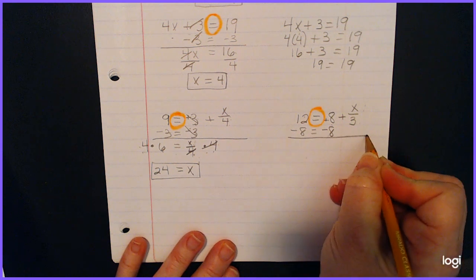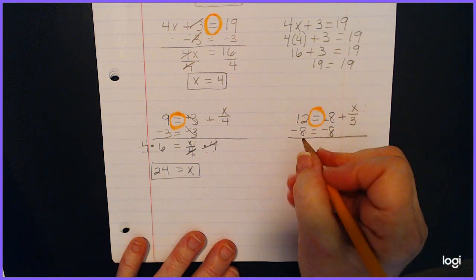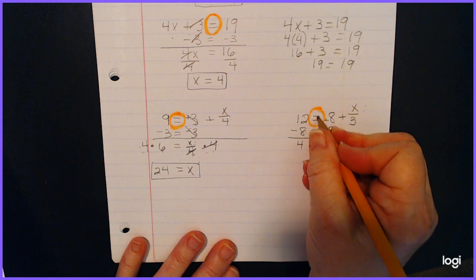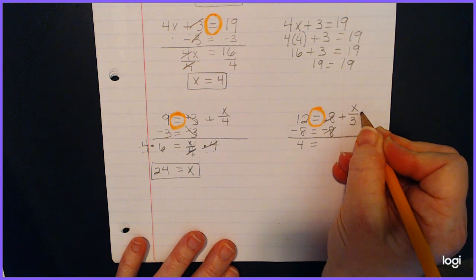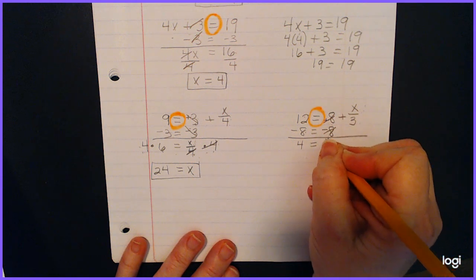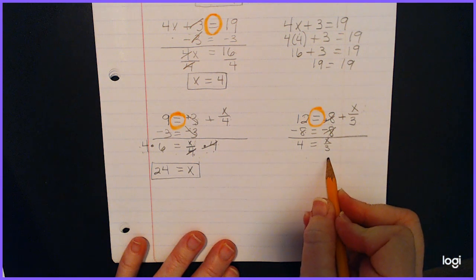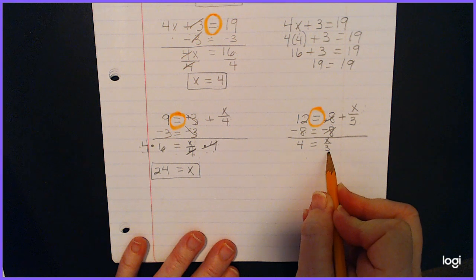Hopefully my line. 12 minus 8 happens to be 4. Bring down my balance. Opposites cancel. And I still have x divided by 3 on this side. I need to get rid of the dividing by 3.